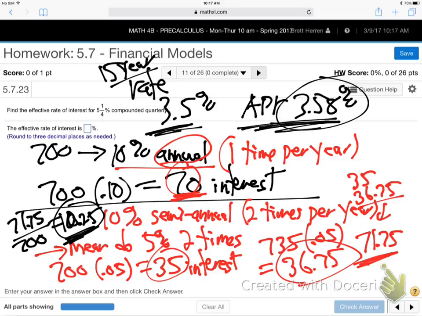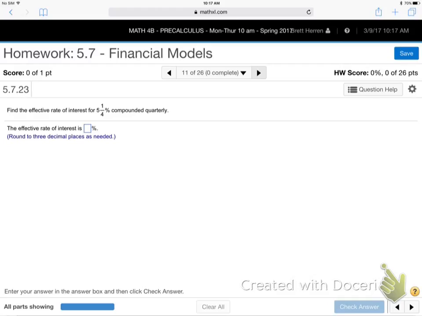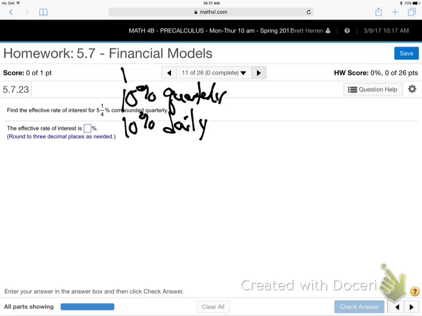Well, let me give you a test question to see if you're really getting this idea. Here's a conceptual question. This will tell you how deeply you're getting the idea. What if I said 10% done, let's say quarterly, and 10% done daily, and this will be 10% done semi-annually, and this will be 10% annually.